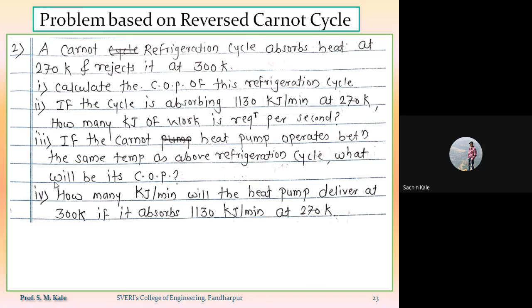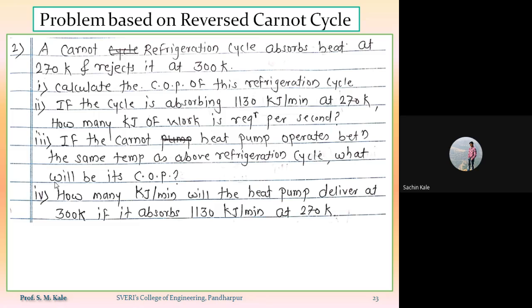If the cycle is absorbing 1130 kilojoule per minute at 270 Kelvin, then how many kilojoule of work is required per second? That means in the first part, we have to find out the COP of the refrigeration cycle.